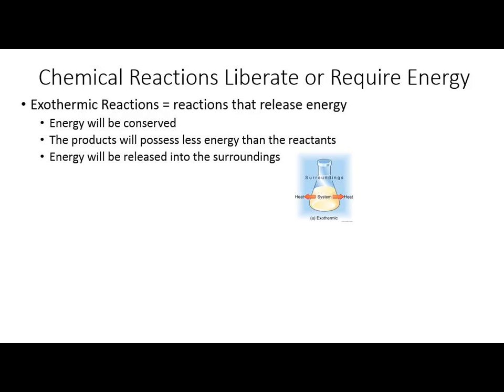The chemical reaction is occurring in the beaker. That's where the chemical reaction is, and we call it the system. The outside of the chemical reaction, which could be outside of the beaker, outside of wherever the reaction is occurring, we call that the surroundings.